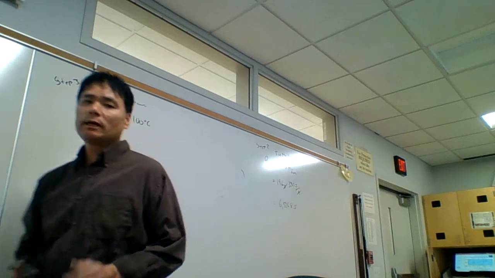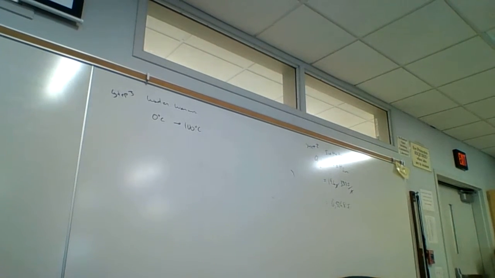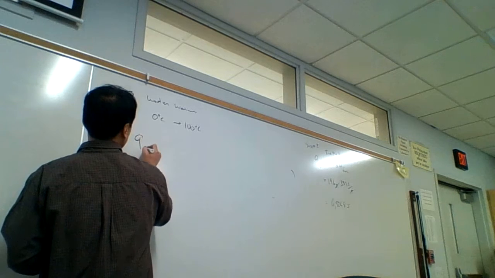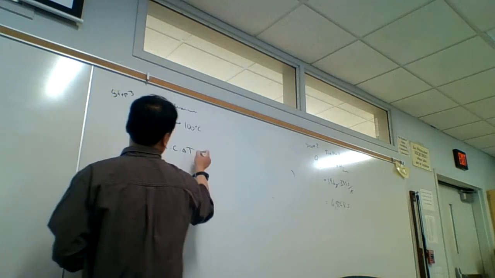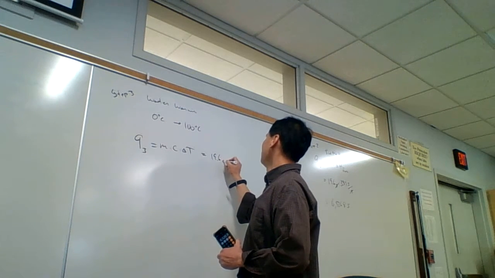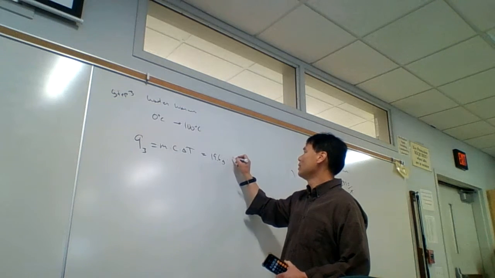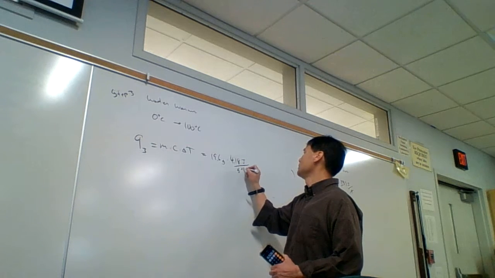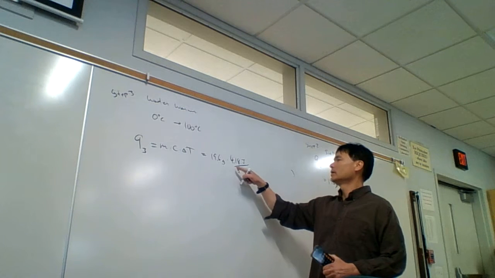And so if I'm warming water, it's warming an object, what equation do I use? Yeah, and so this is going to be step 3. Q is equal to mc delta T. And so the amount is going to be 19.6 grams. What is the specific heat of water? A lot of people know the specific heat of water. It's 4.18 joules per gram degree C. But you can look it up in a book.